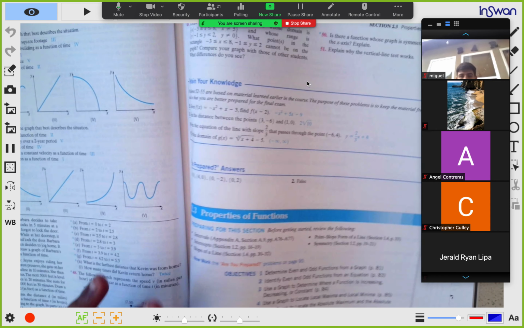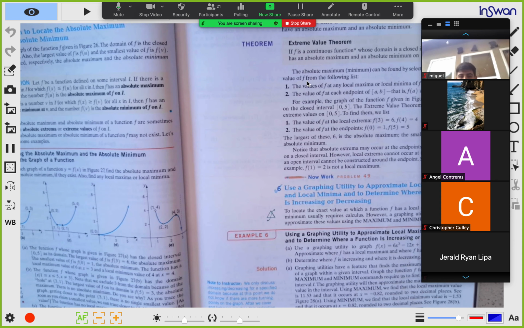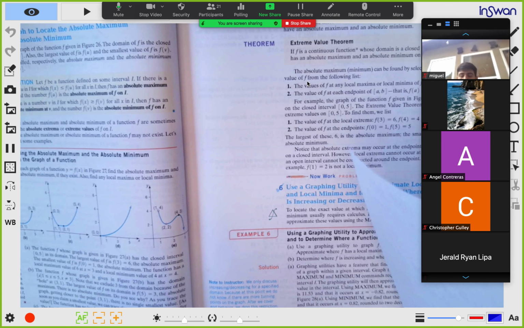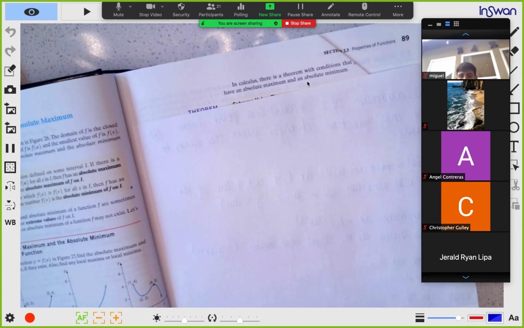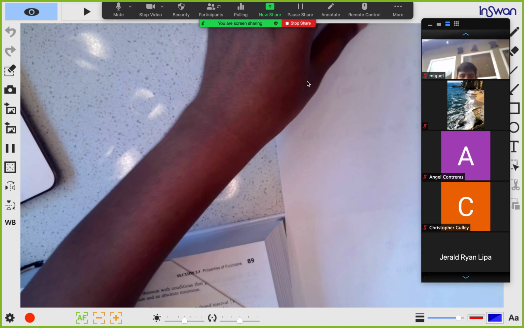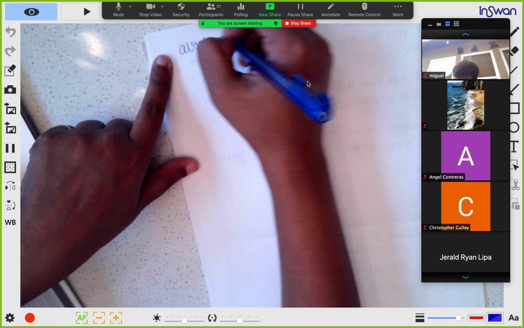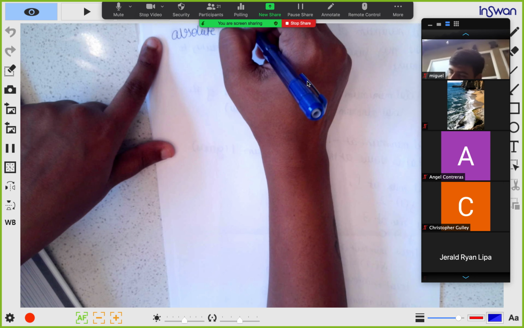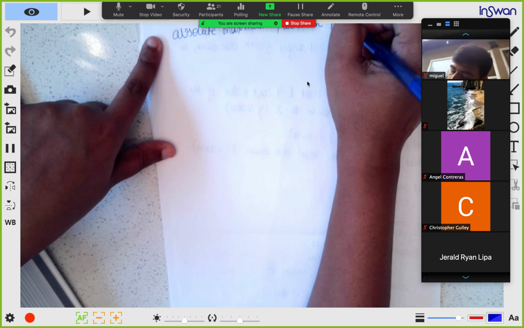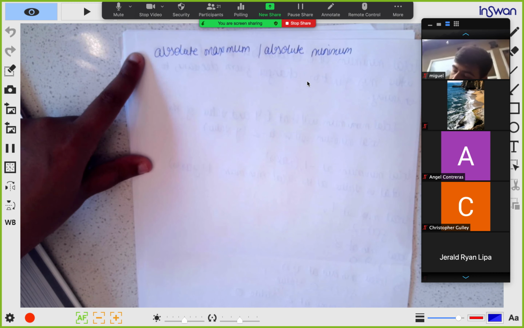So next, we did local maximum and local minimum. Next thing we're going to come to is absolute maximum and absolute minimum.